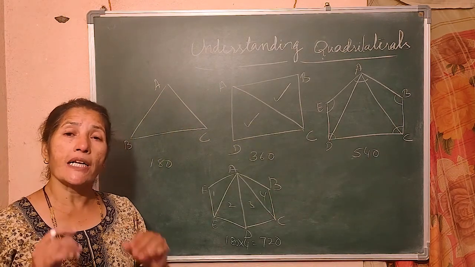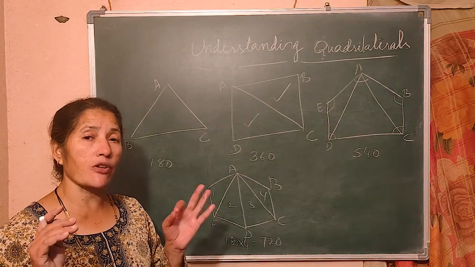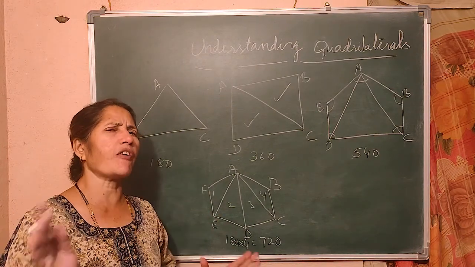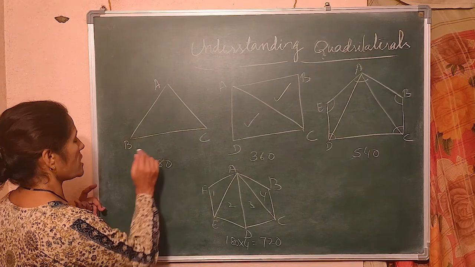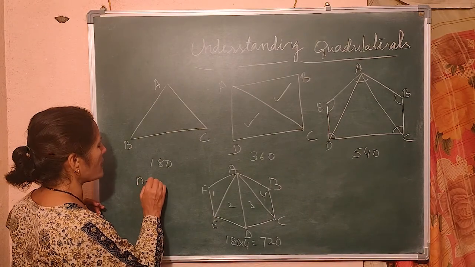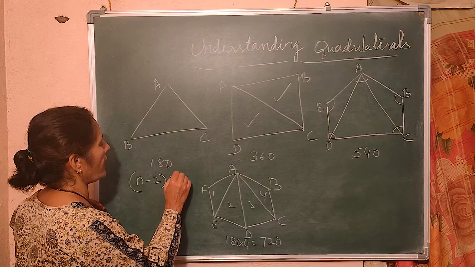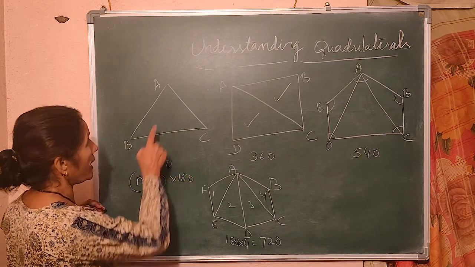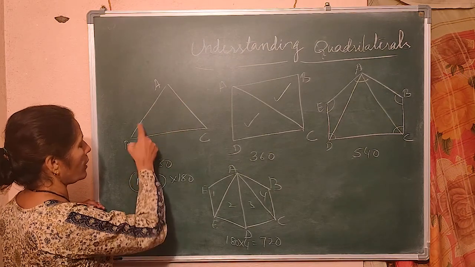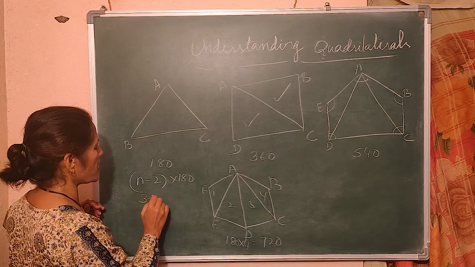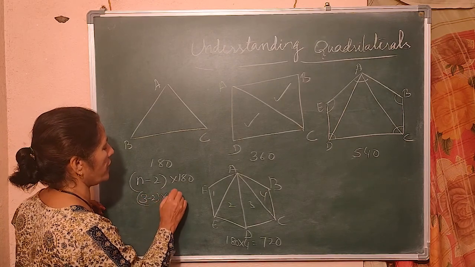What is that called? The sum of all interior angles of a polygon. There is a general formula. See, this one is n minus 2 into 180. Here n is 3, the number of sides. 3 minus 2, how much? 1 into 180.